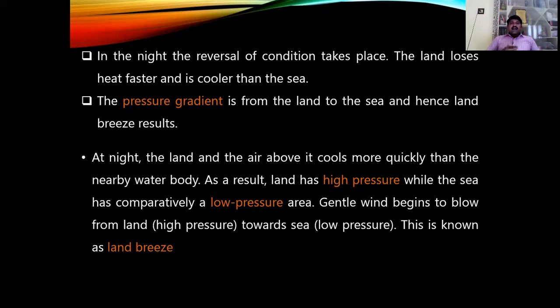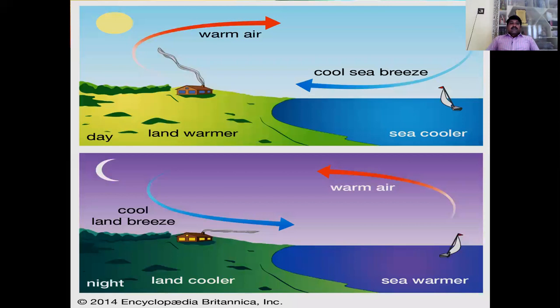As a result, land has high pressure while the sea has comparatively low pressure. A gentle wind begins to blow from land towards the sea. This is known as the land breeze. The figure on the screen at the bottom shows the land breeze or land winds.